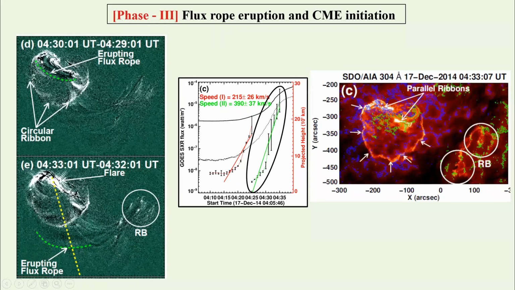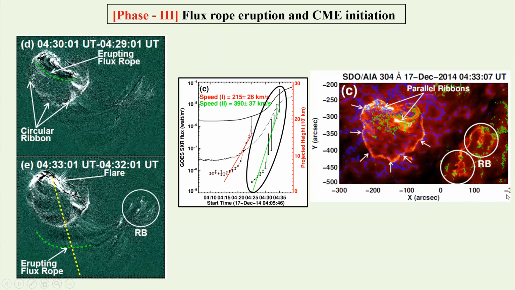You can see the green dotted structure, which we observed at the leading edge of the erupting structure, and it is going somewhere here. If we track these structures and draw a height-time plot, it goes like this, and after the linear fit, we can estimate its speed. The speed of the second eruption comes out to be 390 kilometers per second.